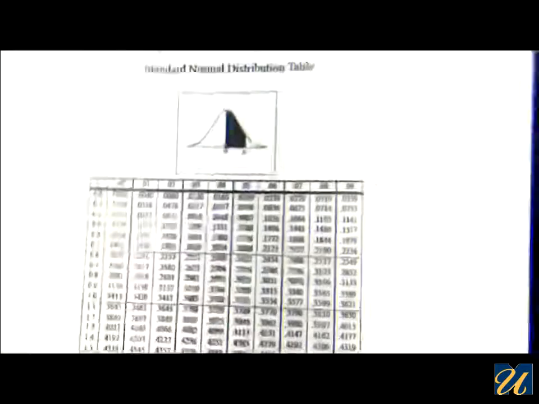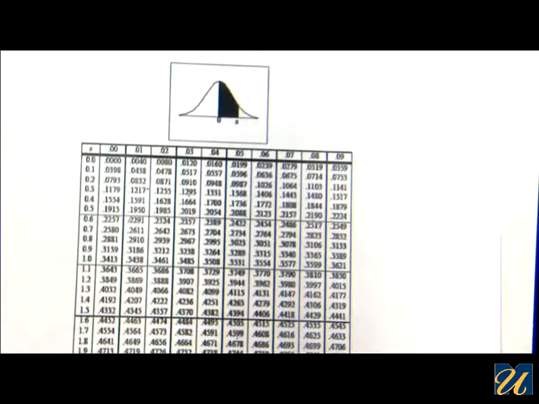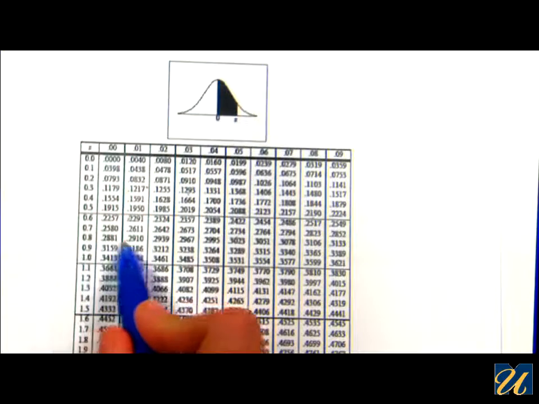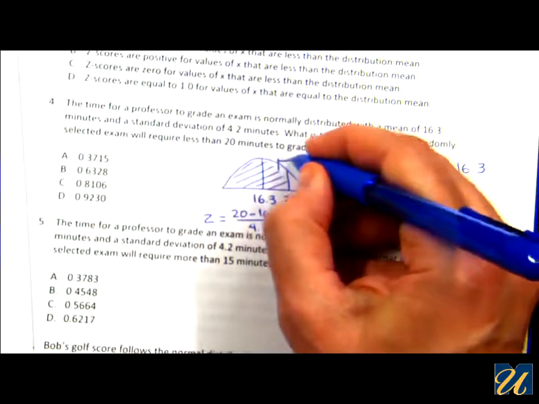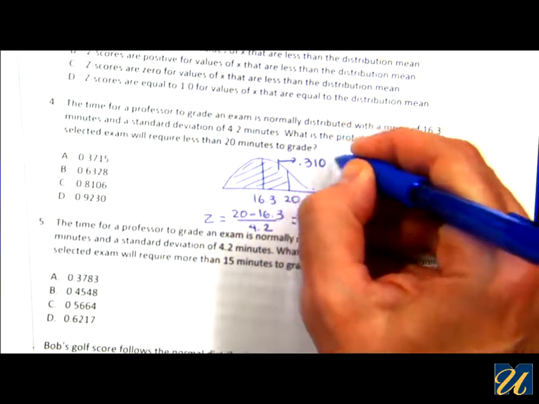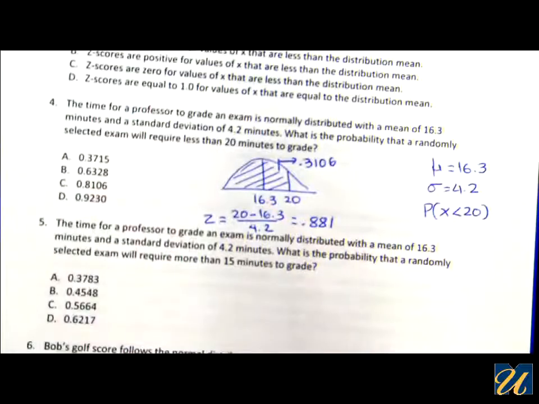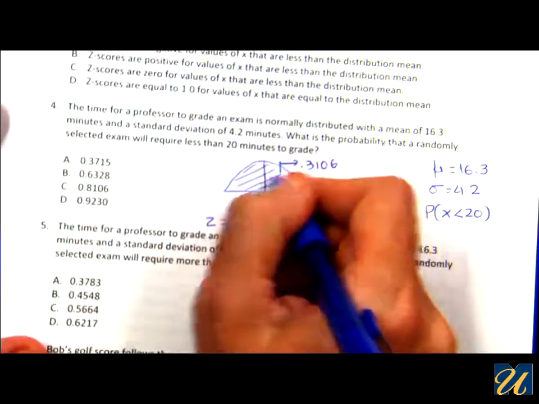So for 0.88, you go to your table, 0.3106. This is not, however, the area I'm looking for. I'm looking for the whole area.